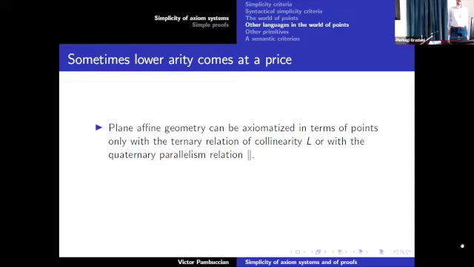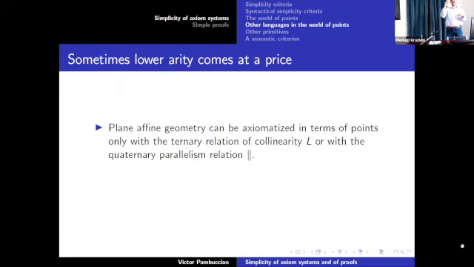Is this always the same? No, it's not. Example. Well, Wanda Szmielew has shown in 1983, in fact, Maria Moszyńska has published in English the notes that Wanda Szmielew left on affine geometry in terms of the quaternary relation of parallelism.